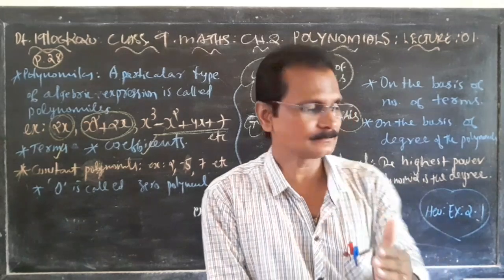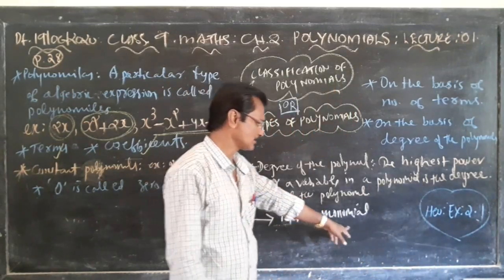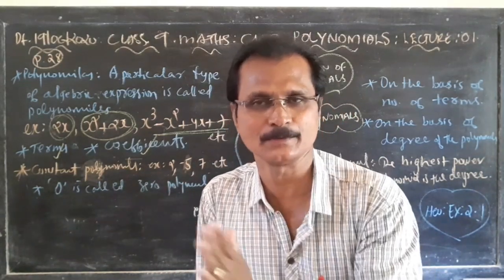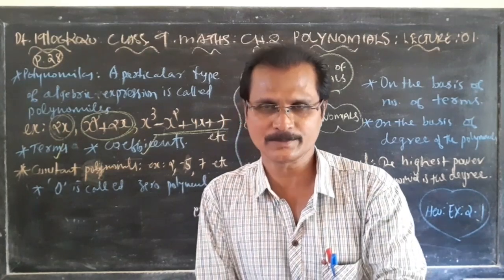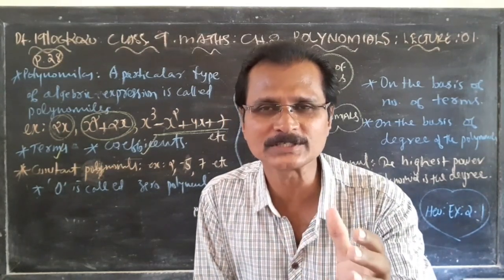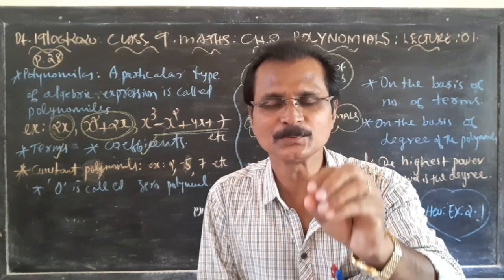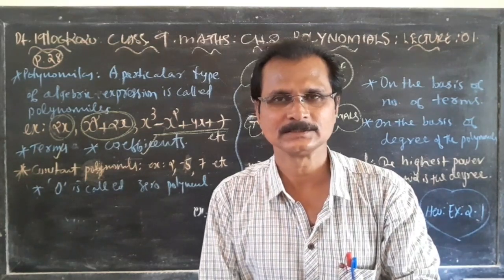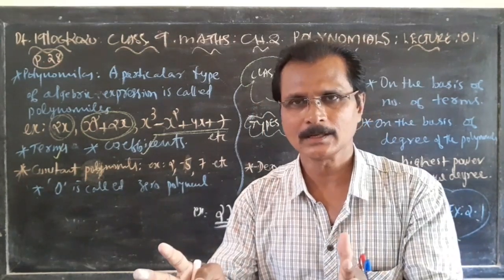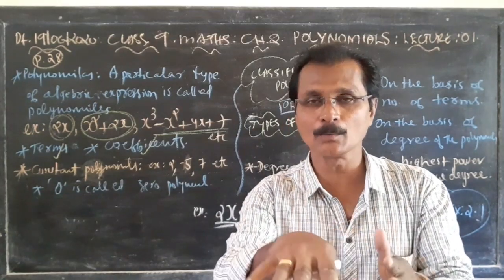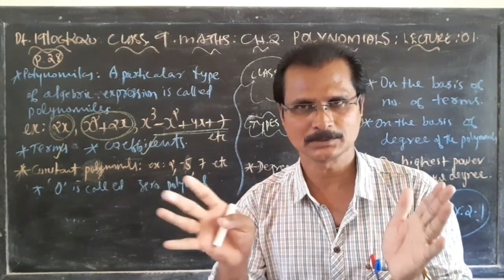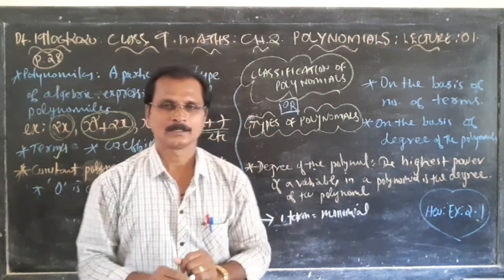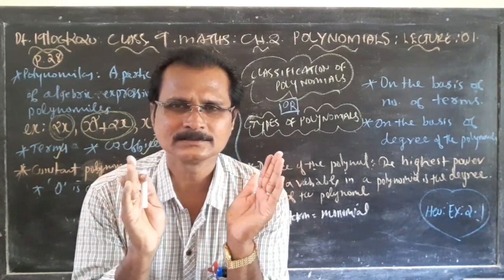If there is only one term, such a polynomial is called a monomial. 2x is a polynomial, but a special name is there, monomial. Why do we call it by the special name monomial? Because this polynomial has only one term. Got it clear? 2x is a polynomial, but it is also called a monomial. Clear? Did you get the idea?